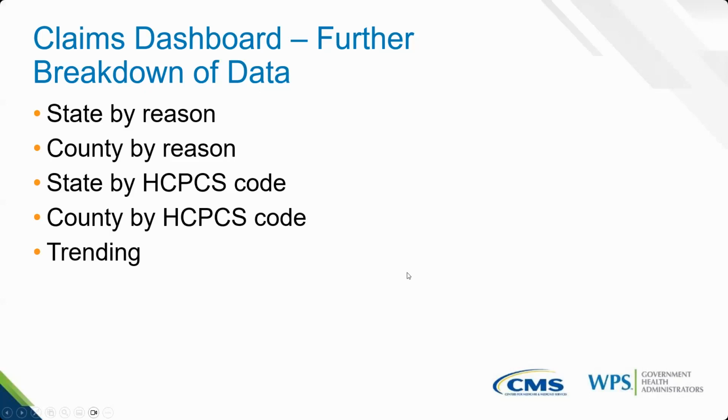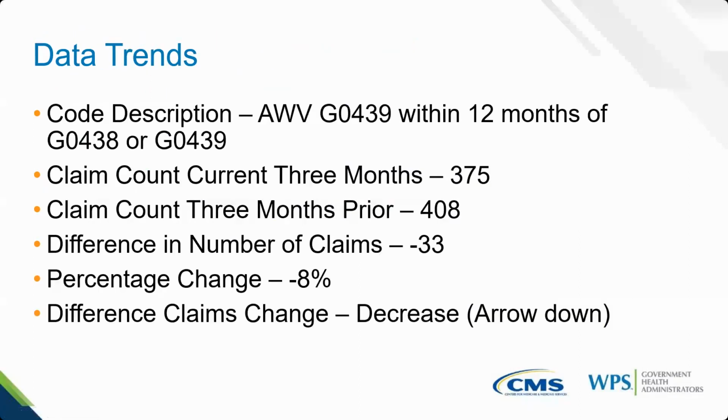We can further break down the data by HCPCS code in the state or HCPCS code in county, or CPT codes. We can also look at trending, and I want to show you an example of trending. This was actually a denial reason.